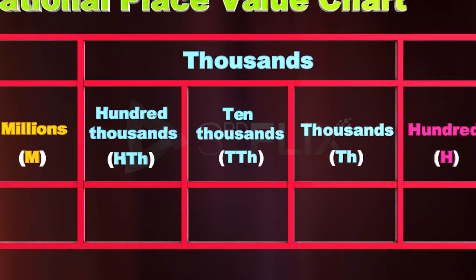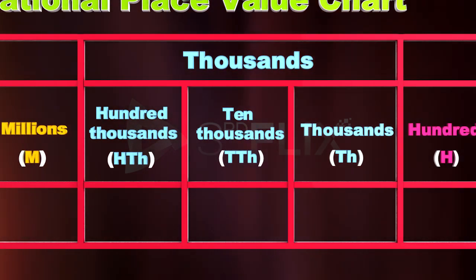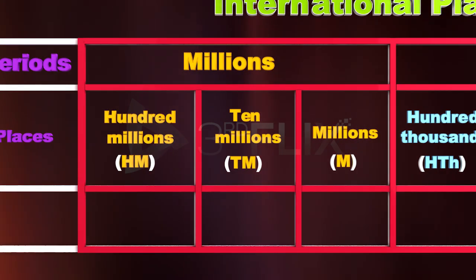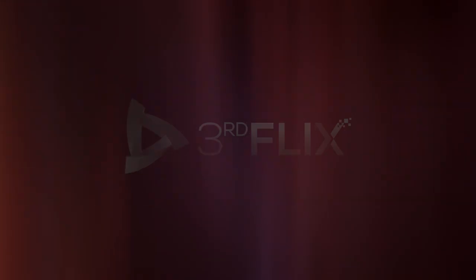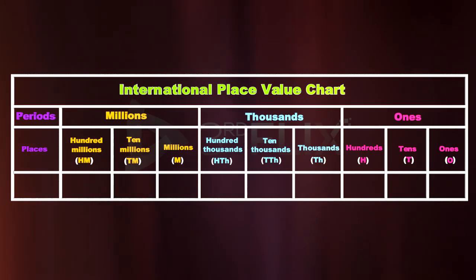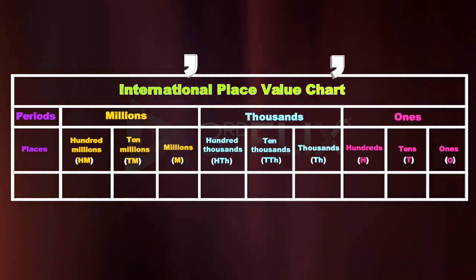Next 3 digits form thousands period, and further the next 3 digits form millions period. The periods are separated by commas.